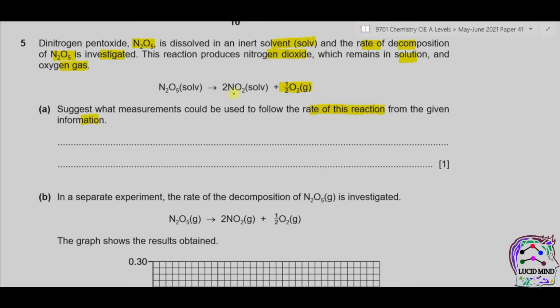Now we can find the rate of reaction by using the volume of gas, as we know that gas is formed. So the volume of gas produced per unit time will give us the rate of this reaction.